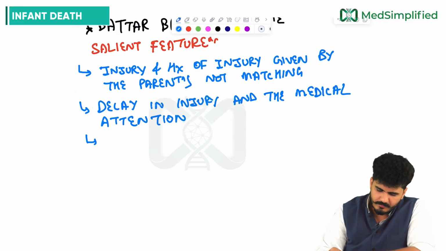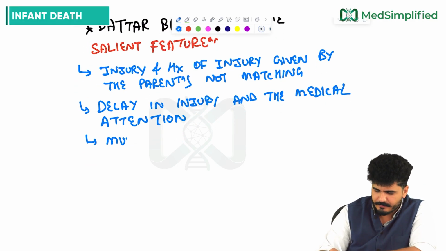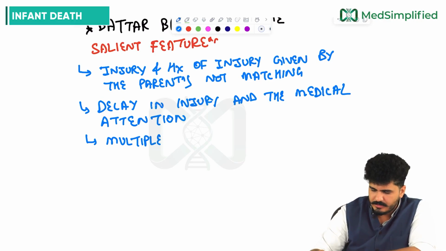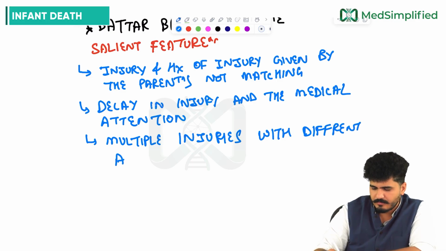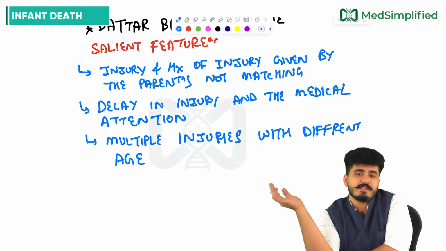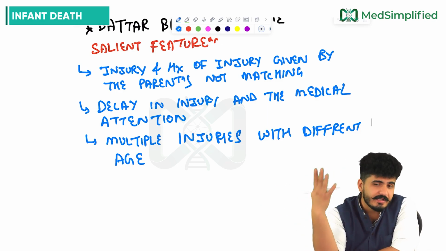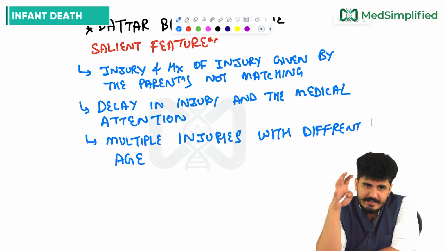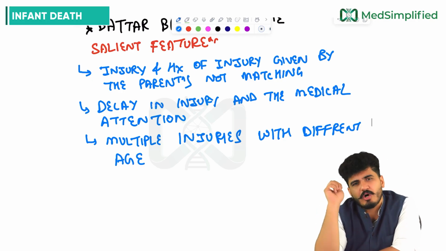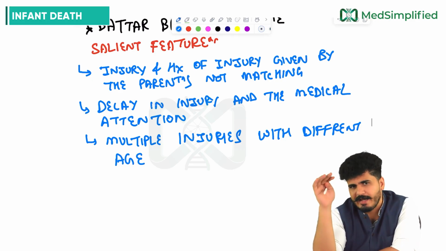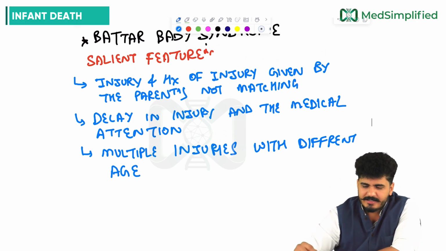Then multiple injuries of different ages. One is a fresh wound, another is an old wound, the oldest being 1 day, 2 days, 3 days. These kinds of histories relate to something having happened to the baby by the parents or the guardians who are bringing the baby to the hospital. That means baby assault has happened, and this is called Battered baby syndrome.